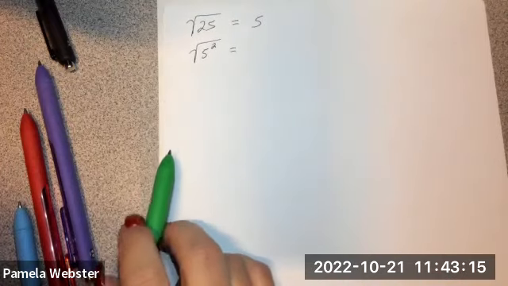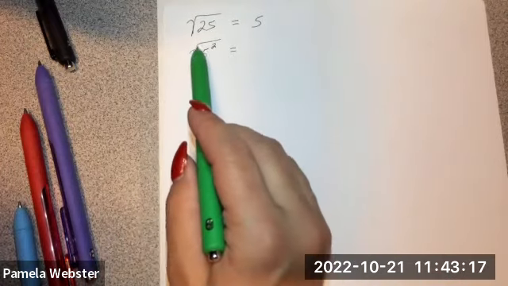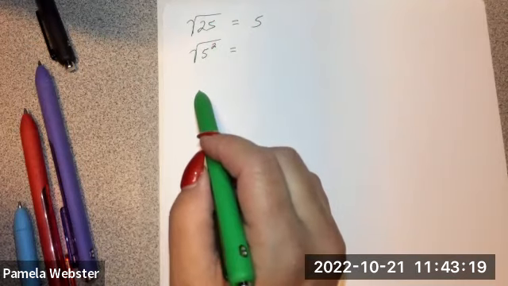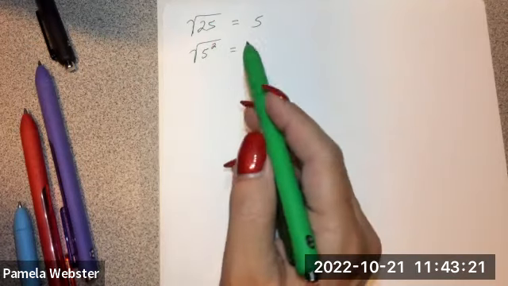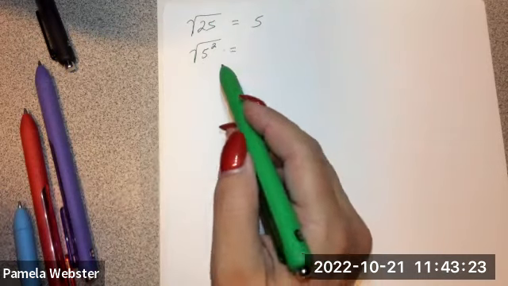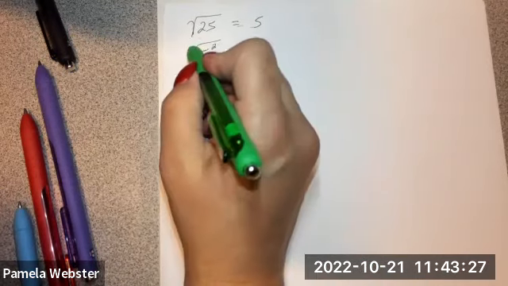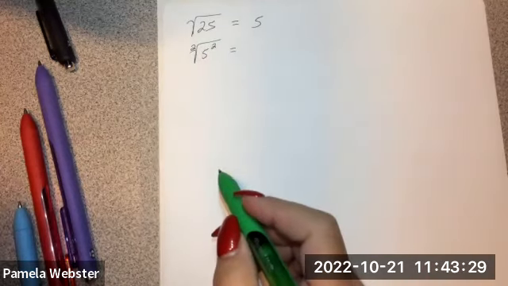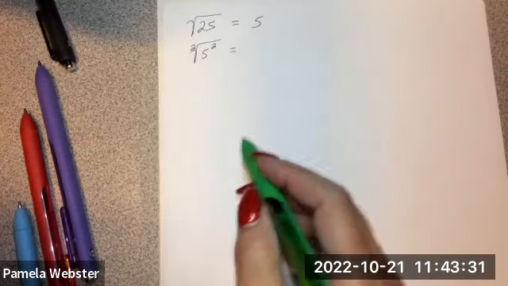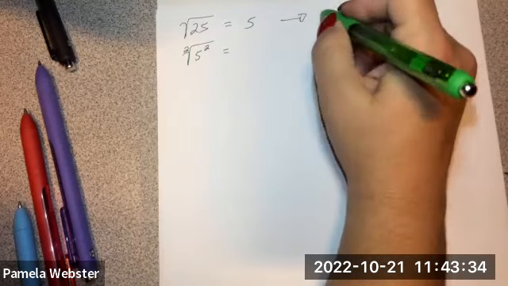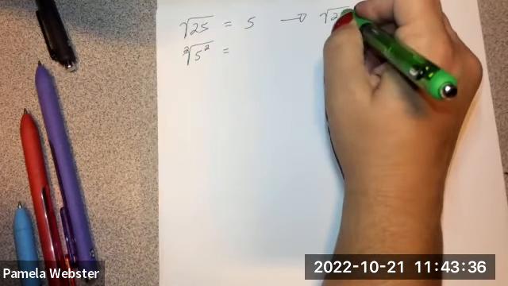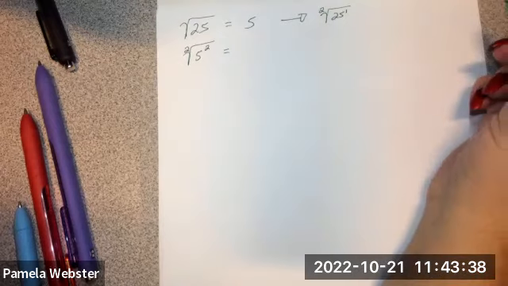Whenever I have a square root and a square, those are opposite operations. Those are going to cancel each other out. We know that. So that's why the 5 just pops out, right? But we know that this is a 2 sitting there, right? So this is actually 25 to the 1st power and the square root.